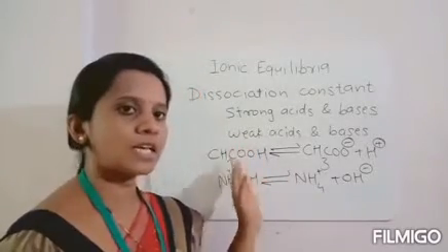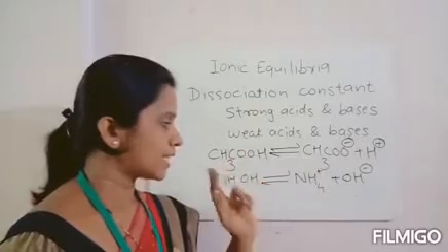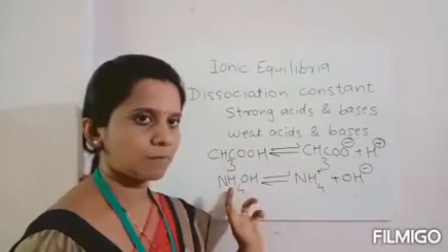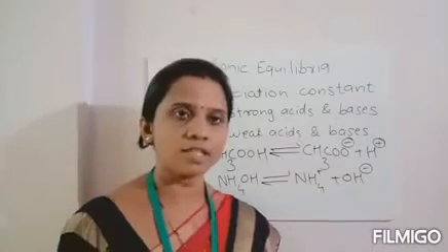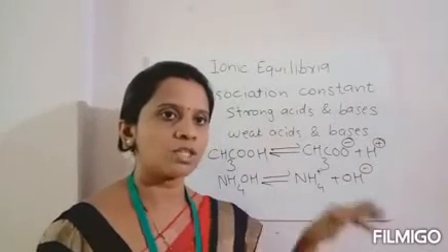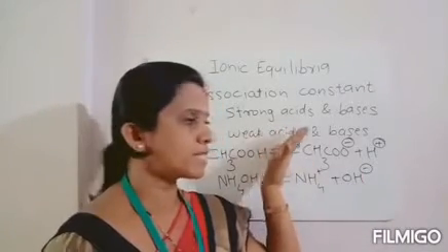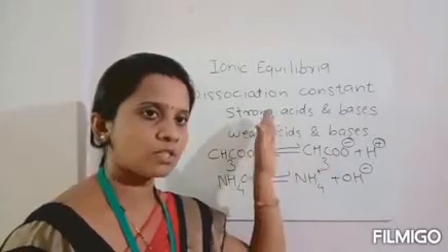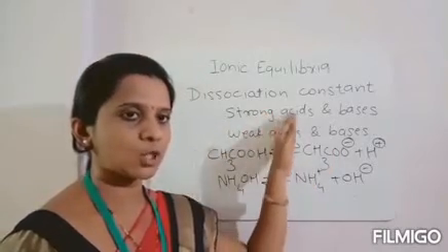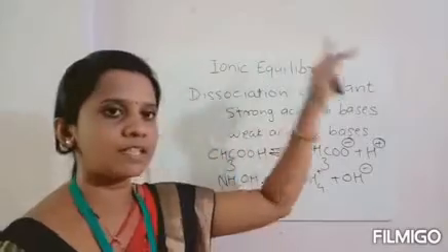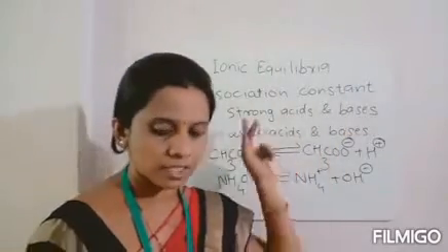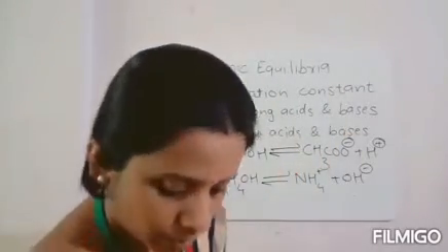So this is the example of a weak acid and weak base. So this classification is based on their extent of dissociation. Next, what we have to find is the dissociation constant for a given acid or base.